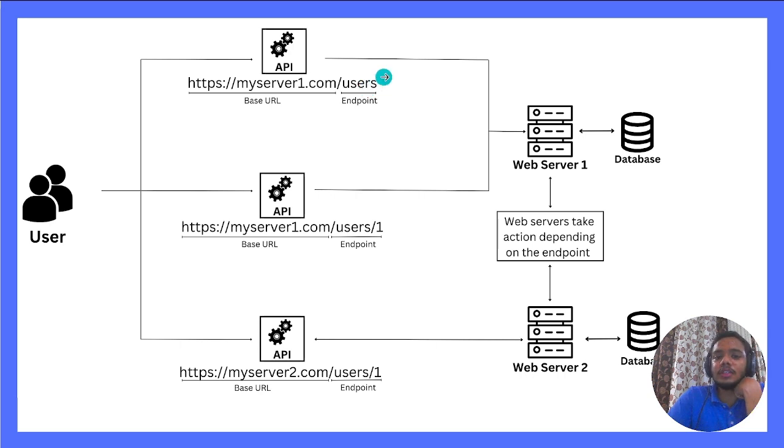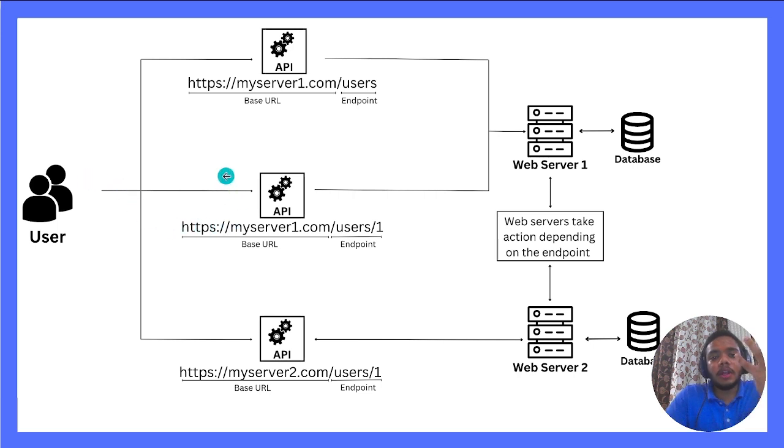Now this particular web server will recognize that it is asking me for data while validating. And it will see that the path it wants is users. So wherever the users are stored in the database, it will get them and provide them to the user.